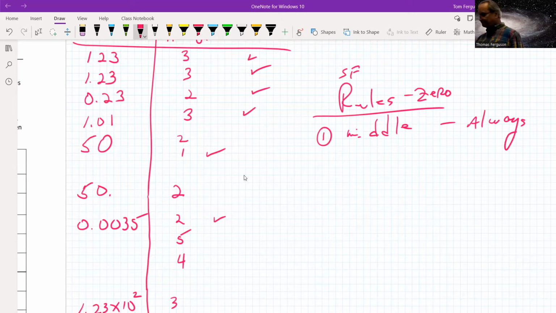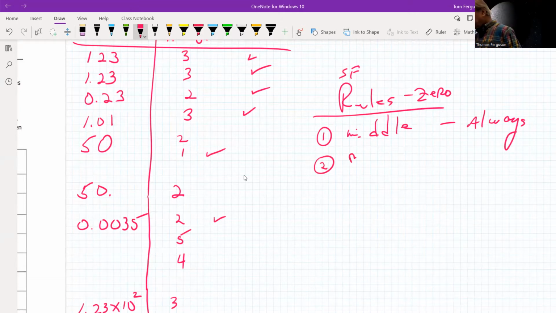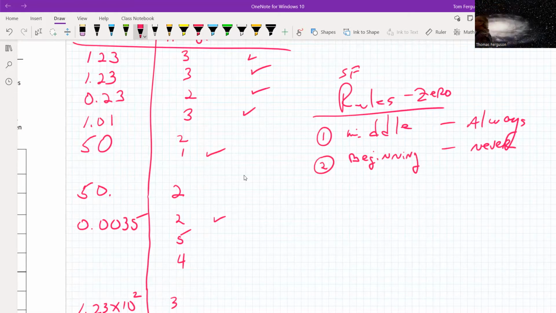No exceptions. If it's in the beginning, it never counts. So this one over here, for example, all those zeros in the beginning, they don't count.